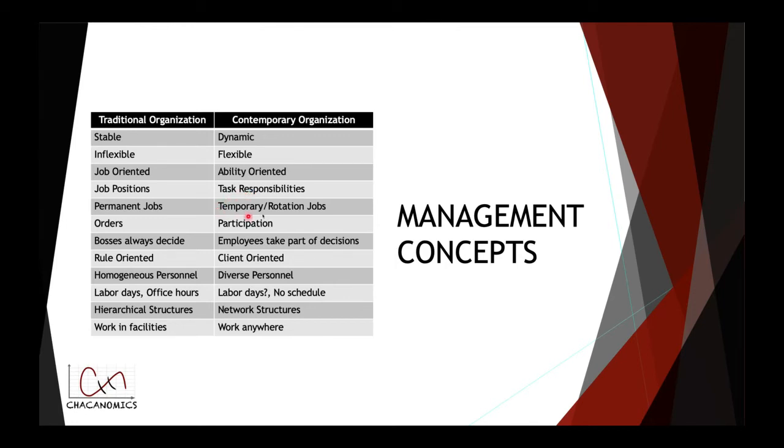They usually involve temporary or rotational jobs. So you can learn from different positions in order to avoid having problems when an individual is missing work or is sick. They develop relationships with participation, employees take part in the decisions, and they are client oriented.